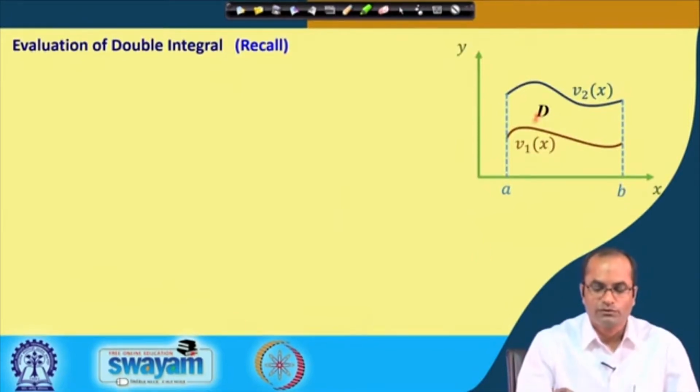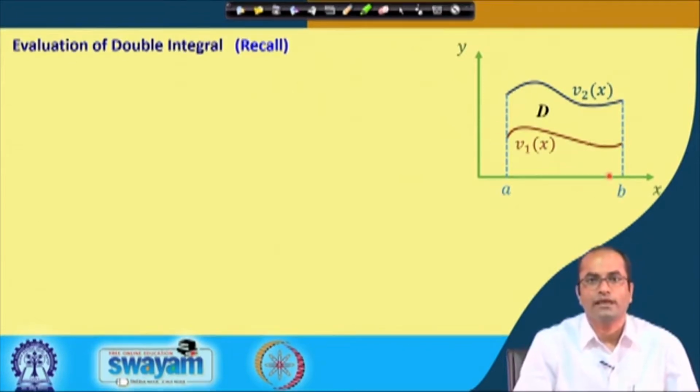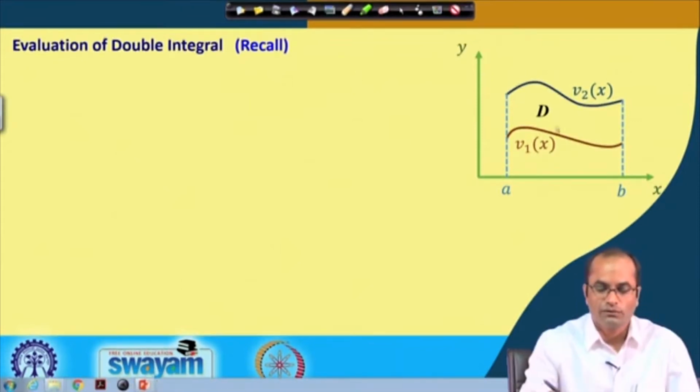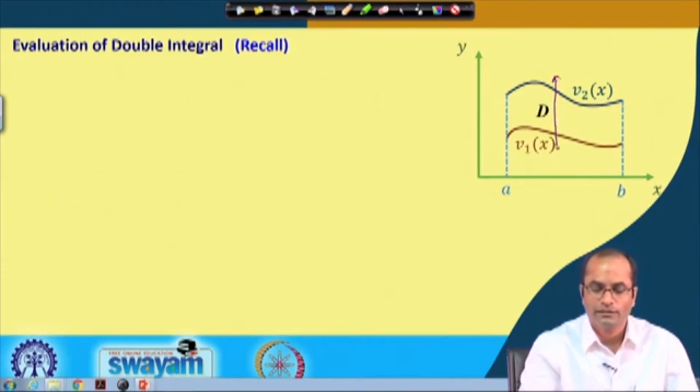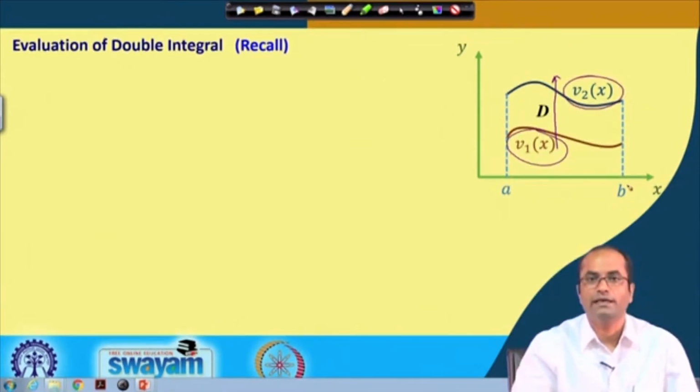We have also seen some other domains. For example, this domain is bounded by the functions v1 and v2 in the direction of y, and in the direction of x we have constant limits from x equal to a to x equal to b. In this situation it is convenient, or easier, to integrate first in the direction of y, and the limit of y will be from v1(x) to v2(x), and then for the limit of x we will have a to b.